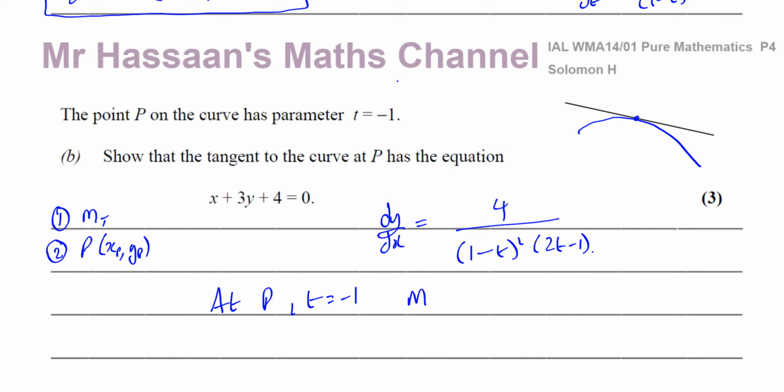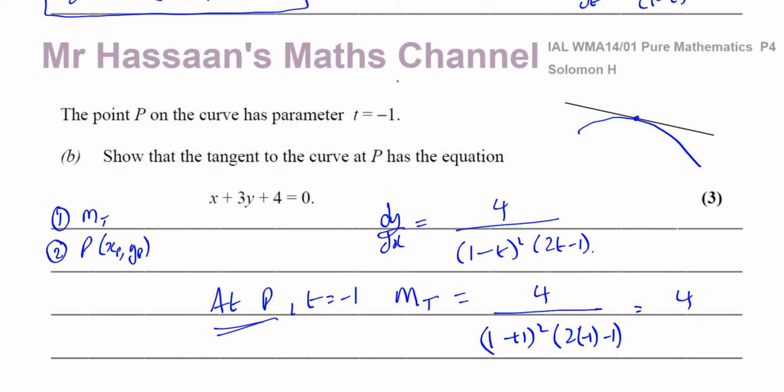So that means the gradient of the curve at P, which is the gradient of the tangent at P, which I'll write as m_t, is going to be 4 over (1 minus minus 1), so 1 plus 1, squared, times (2 times minus 1, minus 1).